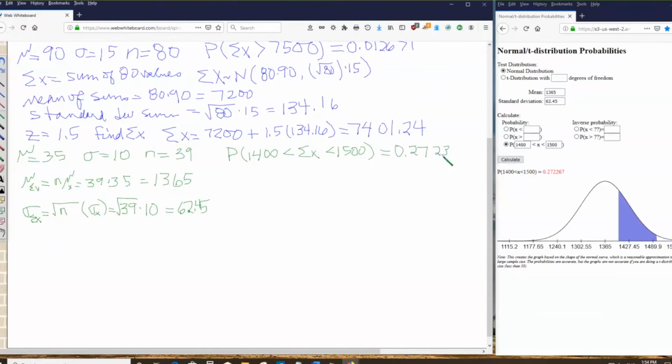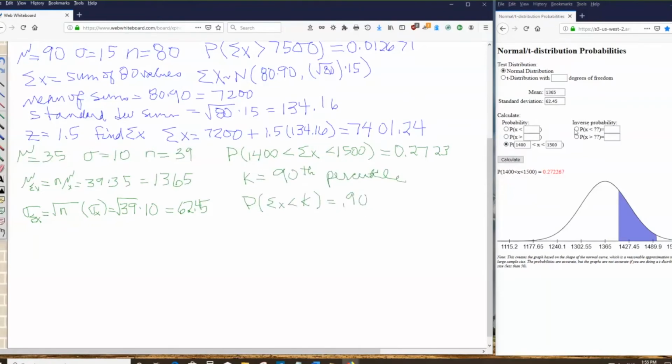Now let's say they want to find k, we want to find the 90th percentile. Then we're going to keep the same values. We're just going to look for the inverse probability. So we're going to take that probability, the sum of x is less than k, and set that equal to 0.90.